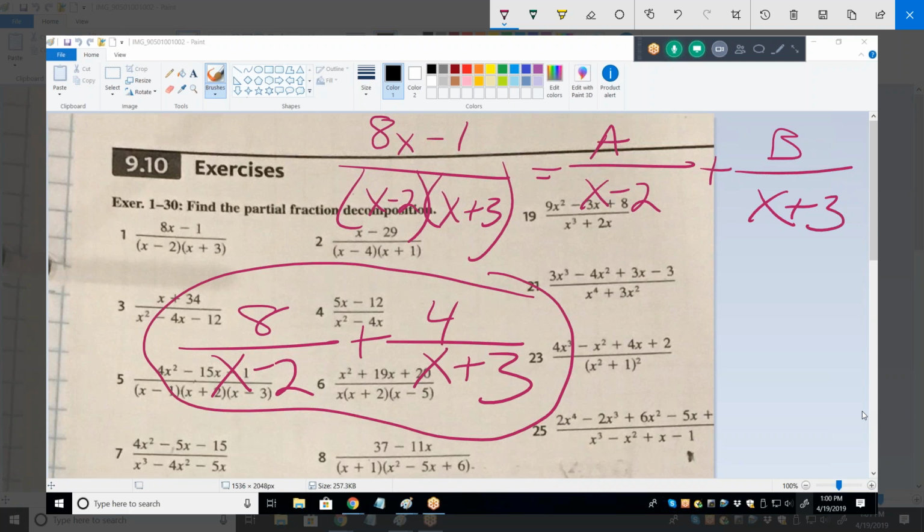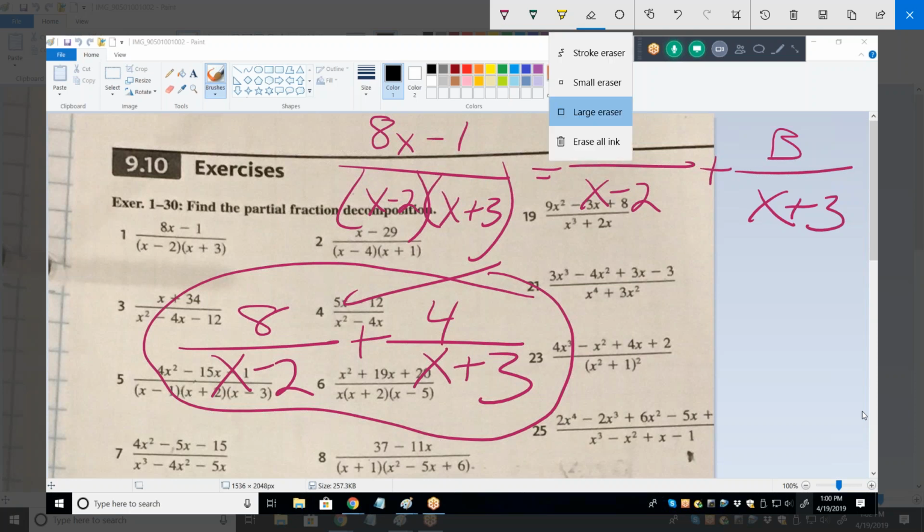Partial fraction decomposition has everything to do with how you add or subtract fractions that have variables in the denominators.